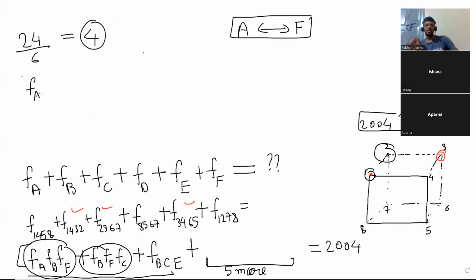The idea is that these are integer numbers, and you have products, and you have 8 terms, then the sum being 2004 seems to be very less. Do you see what I'm trying to say?